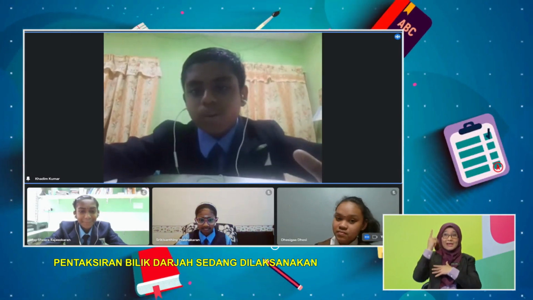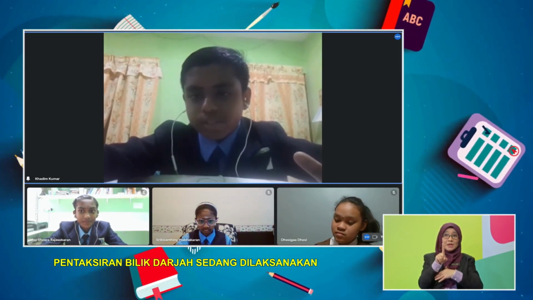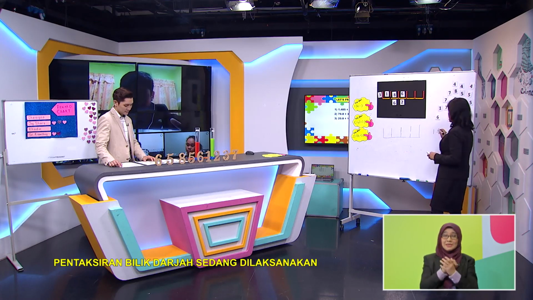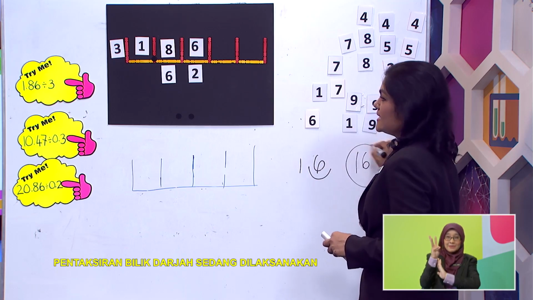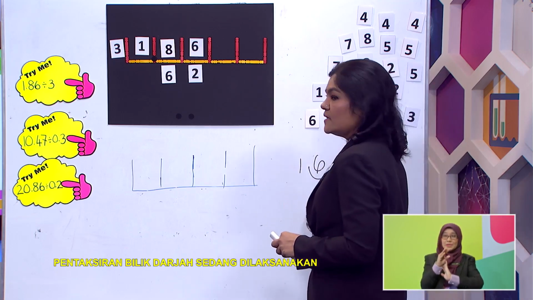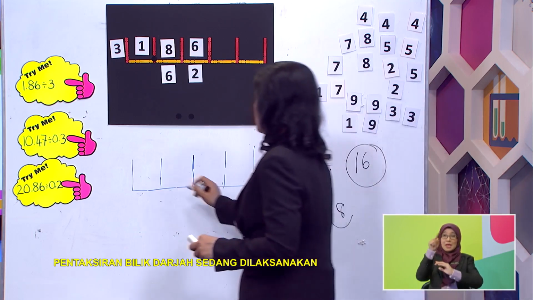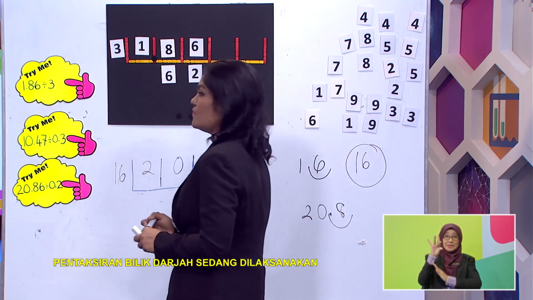The answer is 136. Here 1.6, the divisor, we move one place, it becomes 16, right? Going to divide into 20.8, so we move one place, we have 208. 208 divided by 16.